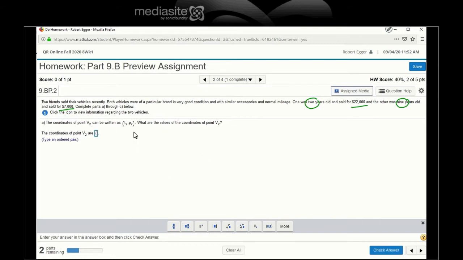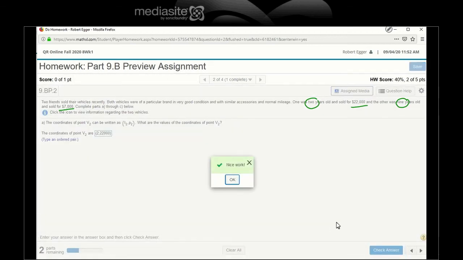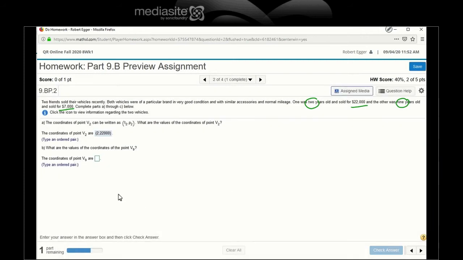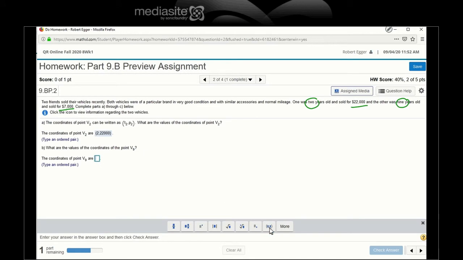Shift parentheses 2, comma 22,000. Something about the way I typed it in it didn't like. Let's try this again.